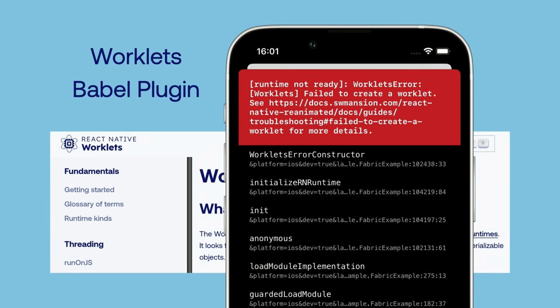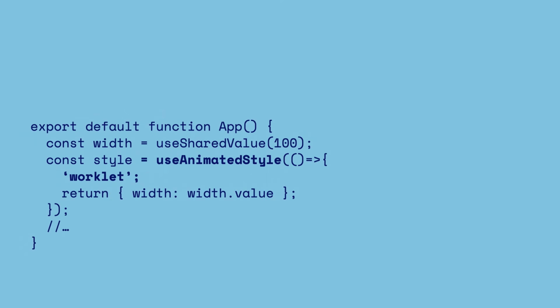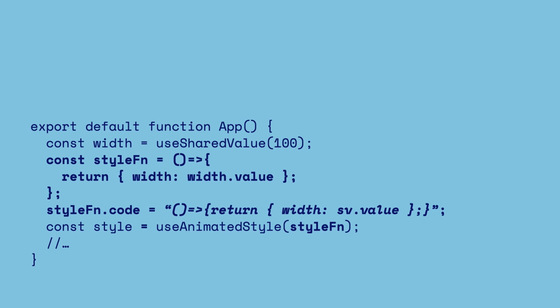And what does this plugin actually do? It does some transformation to your code while it's bundled into your app. So we have this simple example of a function that uses useAnimatedStyle from Reanimated and has a worklet inside. The Worklets Babel plugin is going to take this function, this worklet, and change it to something like this.